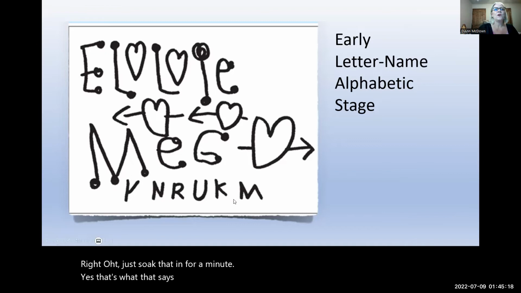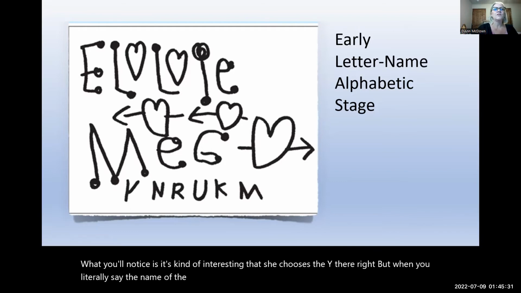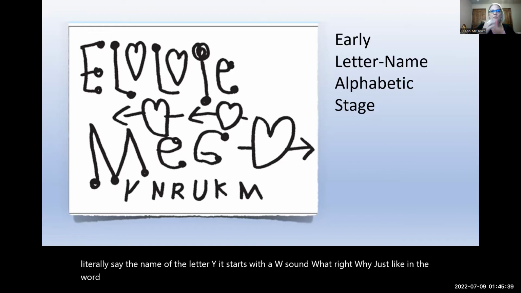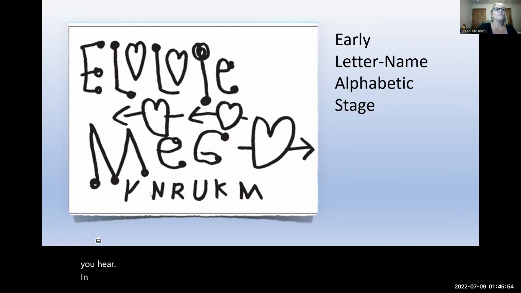Now, what you'll notice is it's interesting that she chooses the Y there, right? But when you literally say the name of the letter Y, it starts with a W sound, W, right? Y, just like in the word when. So when they're thinking of the W sound, they're thinking of the letter Y because of the name of the letter Y. And the letter N, when you say the letter N, you hear N, right? So that's what they're hearing.